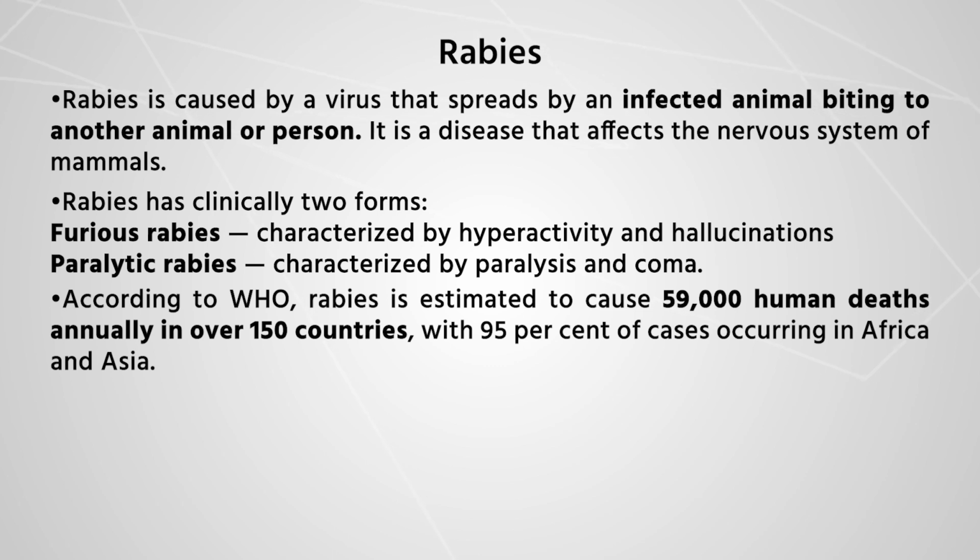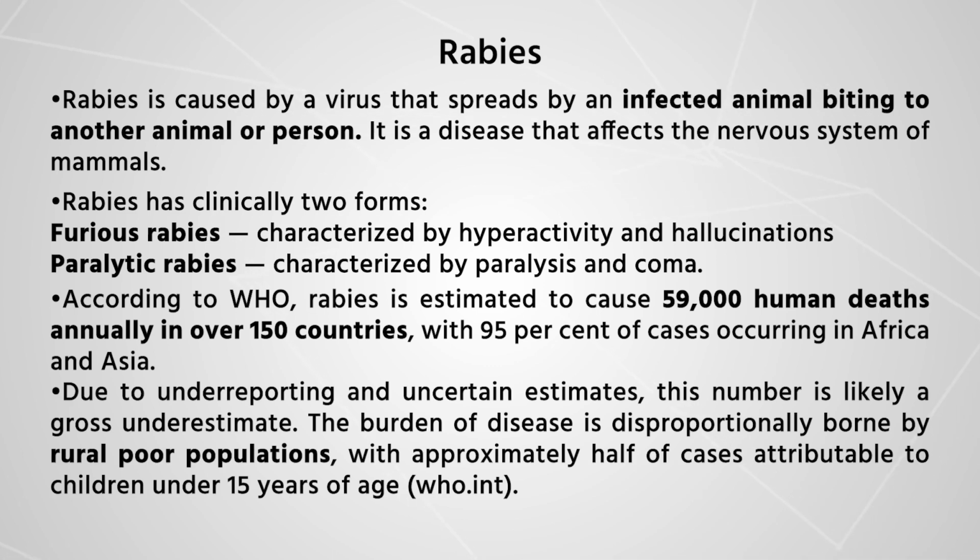According to WHO, rabies is estimated to cause 59,000 human deaths annually in over 150 countries, with 95% of cases occurring in Africa and Asia. Due to underreporting and uncertain estimates, this number is likely a gross underestimate.